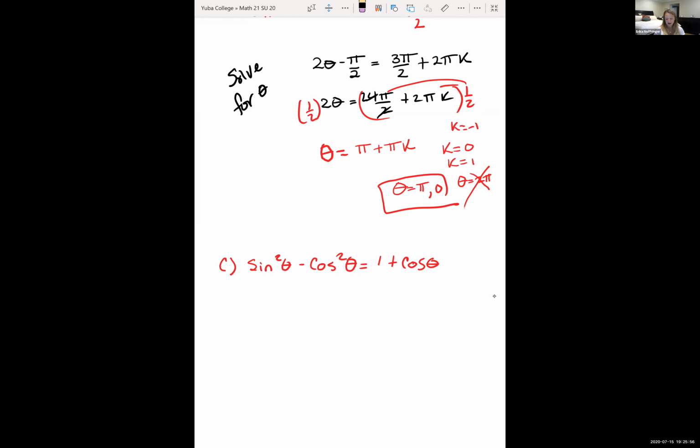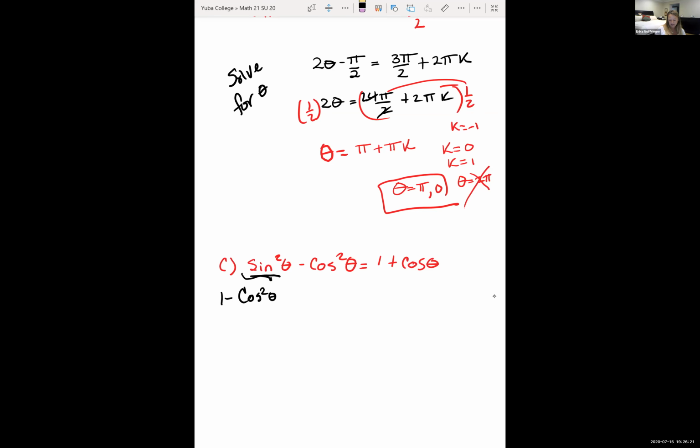I notice I have cosine squared and a cosine theta. I also notice sine squared could be rewritten in terms of cosine squared using the Pythagorean identity. Cosine squared plus sine squared equals 1. So if I subtract cosine squared on both sides, sine squared is the same thing as 1 minus cosine squared theta.